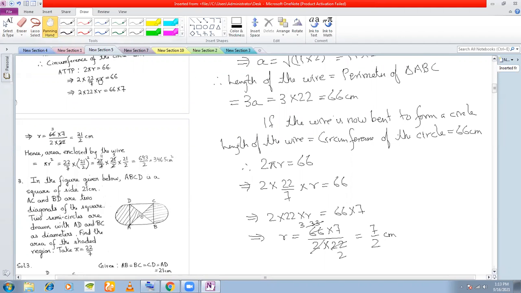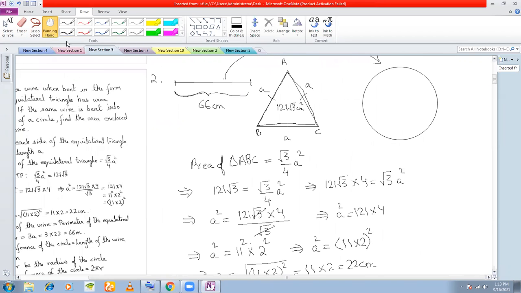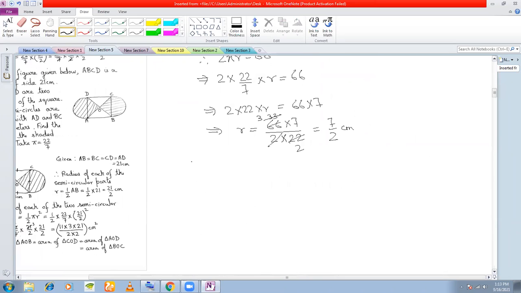And what is the question here? The question here is, find the area enclosed by the wire if it is bent in the form of a circle. So I found out the radius of this circle. How much have we found out the radius? 7 by 2 centimeter. So now what should be the area? Pi r square. Put the value of pi, 22 by 7 into r square.